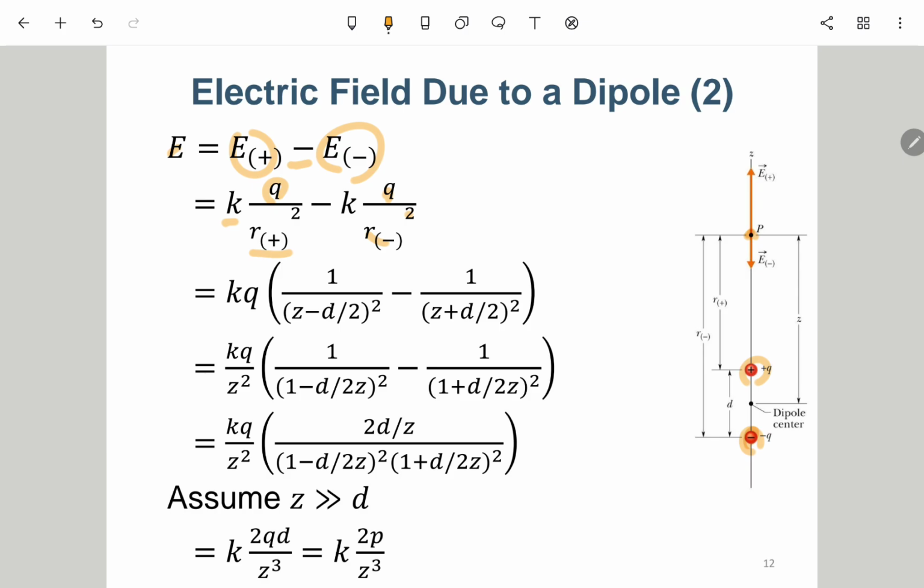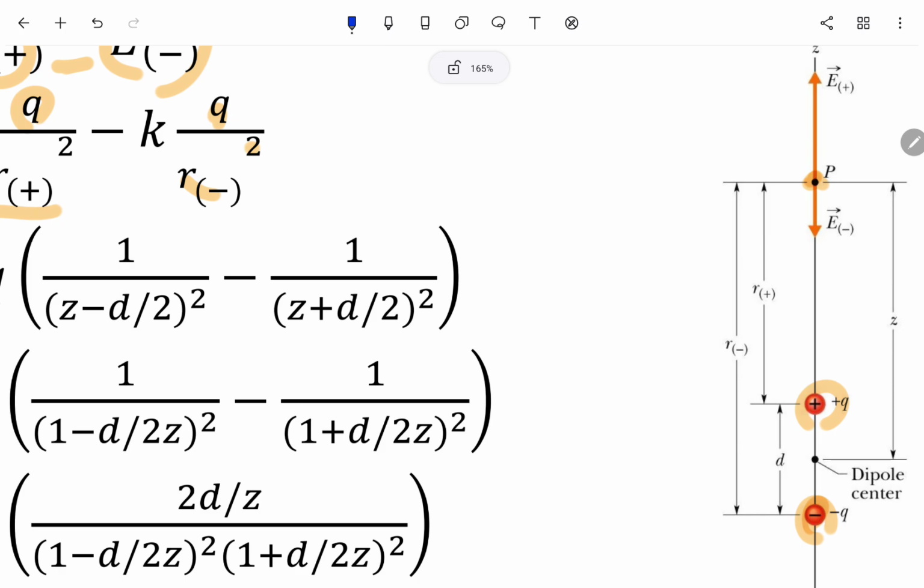R plus and R minus are a little bit different. R plus is starting from this positive charge to the point P, and R minus is starting from the negative charge to the point P.